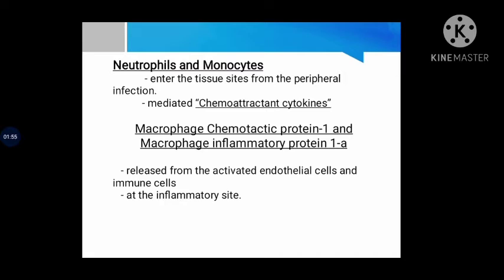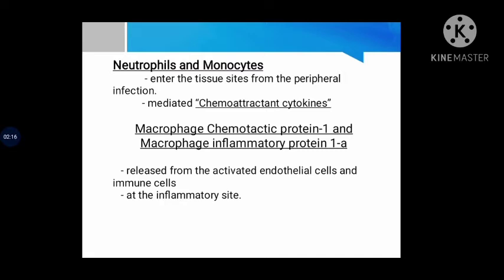Macrophage chemotactic protein 1 and macrophage inflammatory protein 1 alpha are released from the activated endothelial cells and immune cells, mostly tissue macrophages, at inflammatory sites.